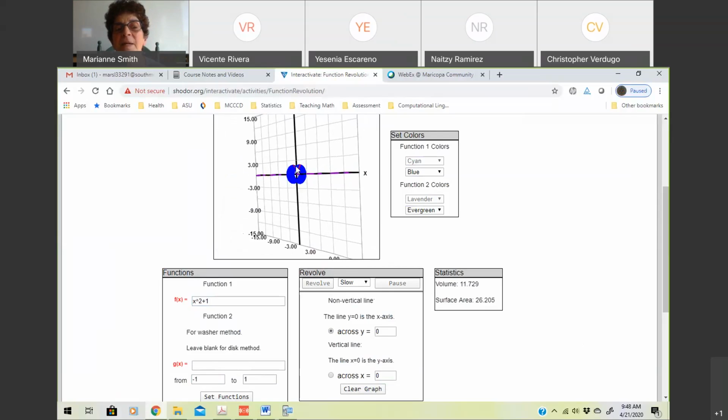So this kind of looks like a ring, but a ring with a channel in the middle of it, kind of like something a pulley might have in it, where the rope goes around like this. And again, you can see our volume over here is 11.729, which is an approximation of the value that we got. So again, you can see how to use this tool to check your work.